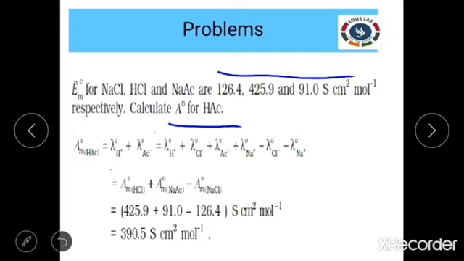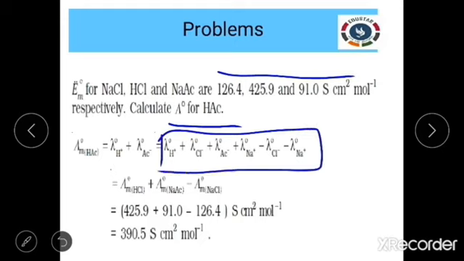Look at this. First they have written the HCl, H plus Cl minus. Secondly they have written the sodium acetate, acetate ions and sodium ions. Minus they have written the NaCl. Now we can cancel all the terms: Cl minus, Cl minus, sodium ions, sodium ions.